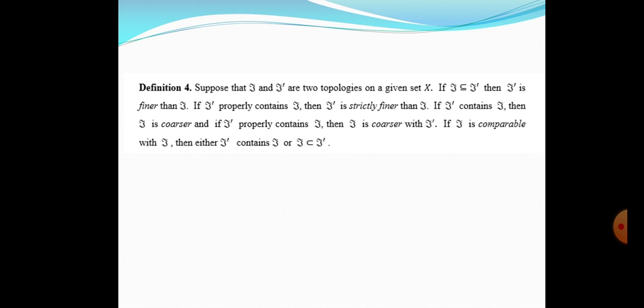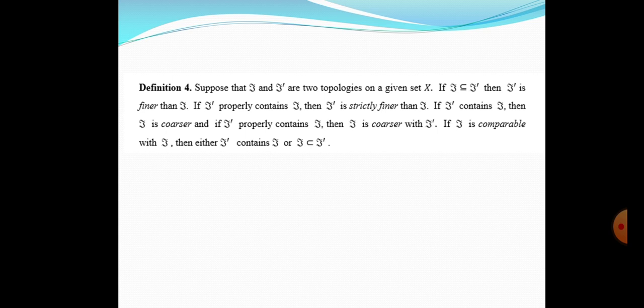Here, tau dash is finer than tau. What is the definition of finer? That is, tau is contained in tau dash. If tau and tau dash are two topologies, then tau is a subset of tau dash, then tau dash is finer than tau. If tau dash properly contains tau, then tau dash is strictly finer than tau. Then coarser means, what is the definition?